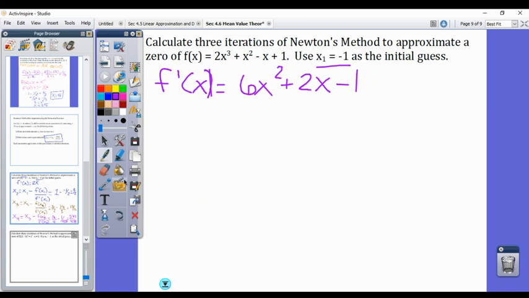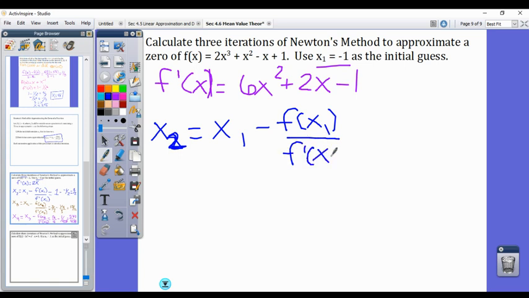Okay, so we're again doing 3 iterations. So I'm going to go ahead and find x sub 2, which is x sub 1 minus f of x1 over the derivative, and I'm going to get -1 minus 1/3, which is -4/3.